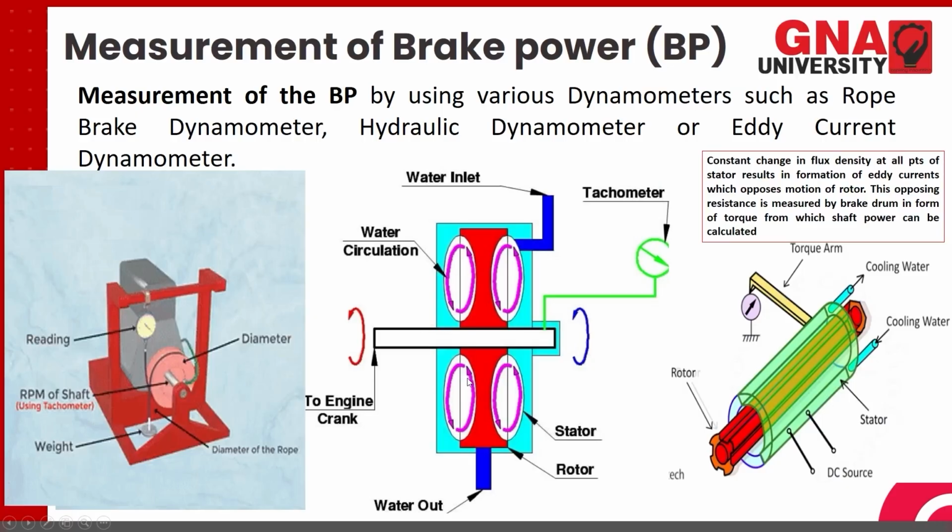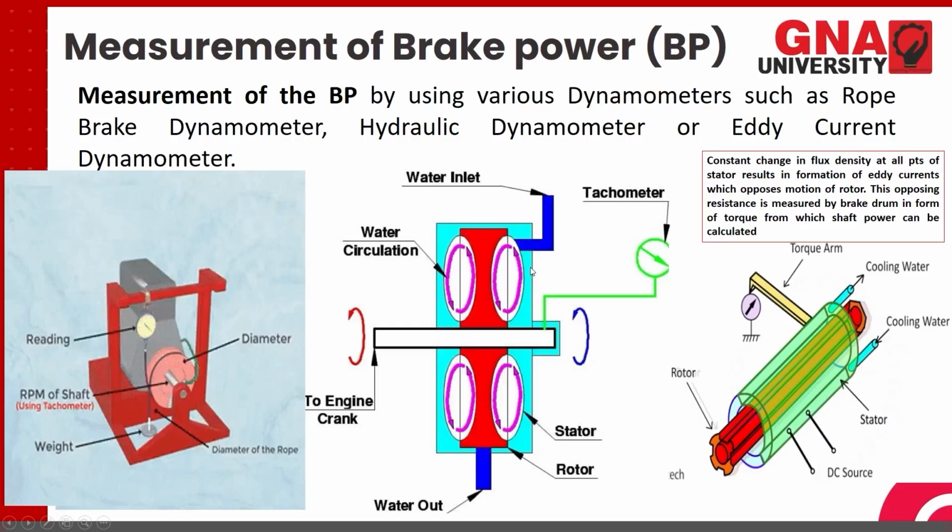Now as the shaft rotates, it tends to rotate this water circulation, and hence the stationary casing experiences a torque. That torque is measured by a gauge, and speed you can calculate with the help of a tachometer. So again using the same formula, brake power is equal to 2 pi NT by 60, using N from the tachometer and T from the gauge.